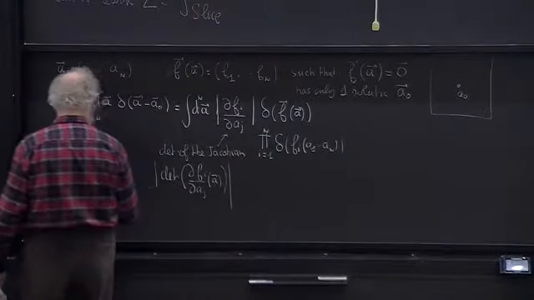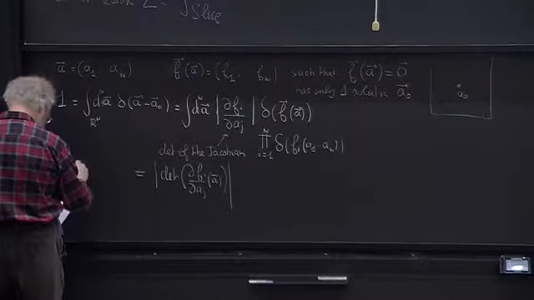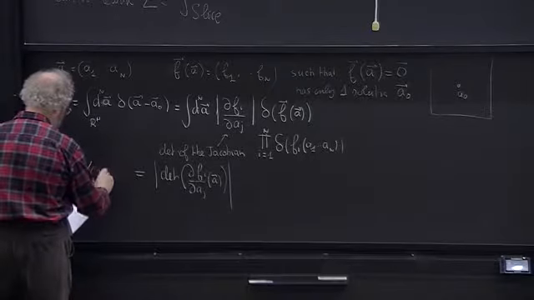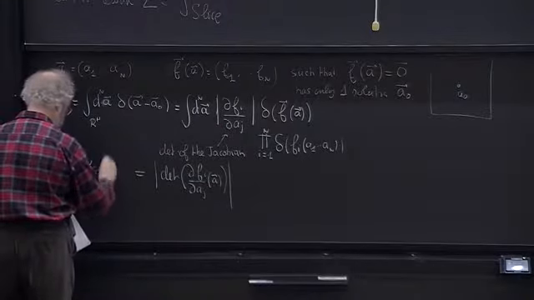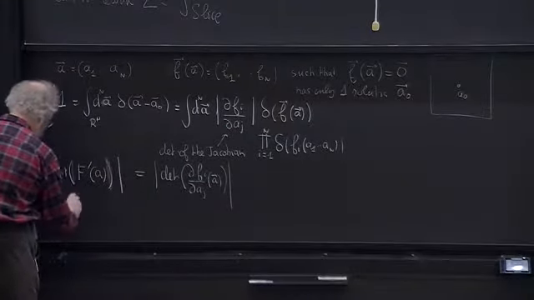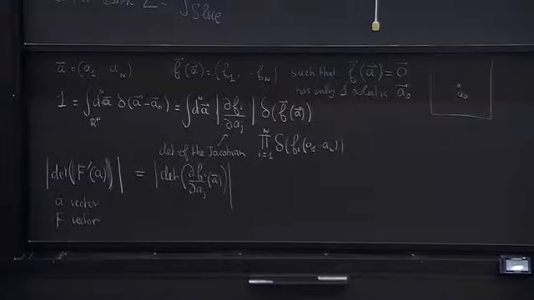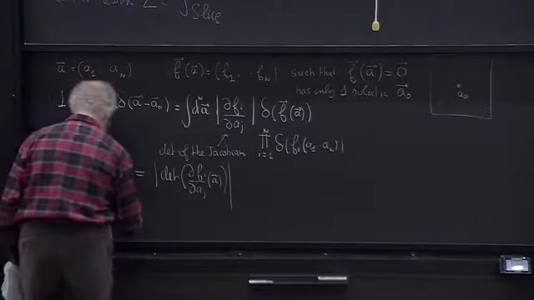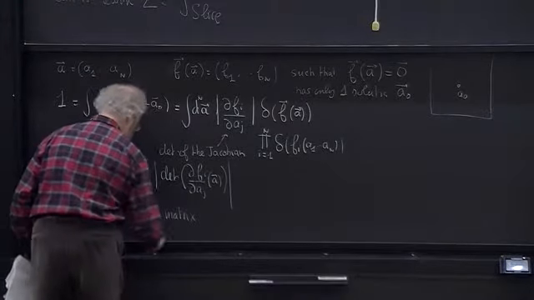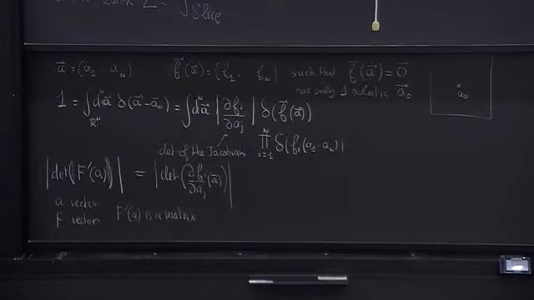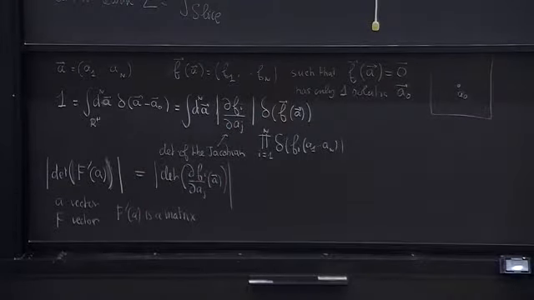So this is the absolute value of the determinant of f prime of A. So remember that with this notation, A is a vector, f is a vector function, it's a vector field, and therefore f prime of A is a Jacobian matrix. This is shortened notation for this.